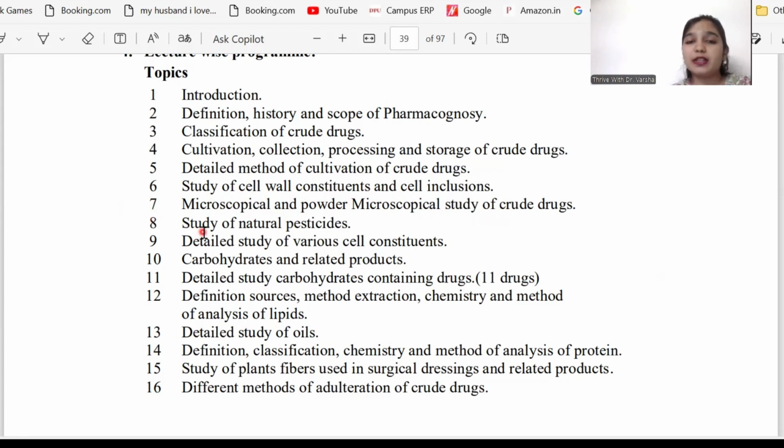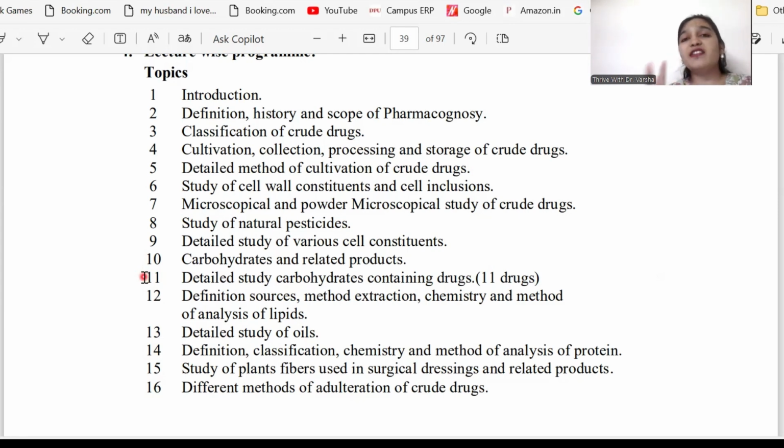Study of natural pesticides: they can ask you for classification for 2 marks, or the rest of the things will be for 10 marks. Detailed study of various cell constituents, 2 marks to 10 marks. The tenth chapter will be for 5 to 10 marks. And detailed study of carbohydrate-containing drugs, there are a total of 11 drugs.